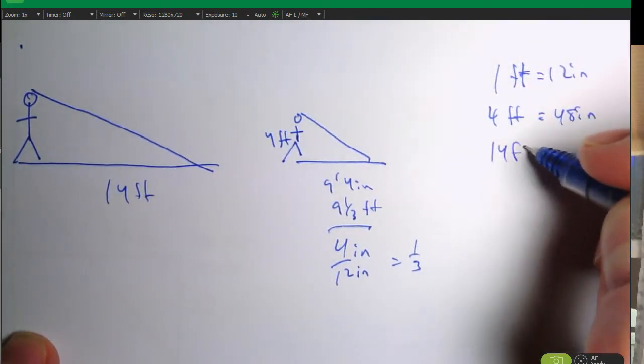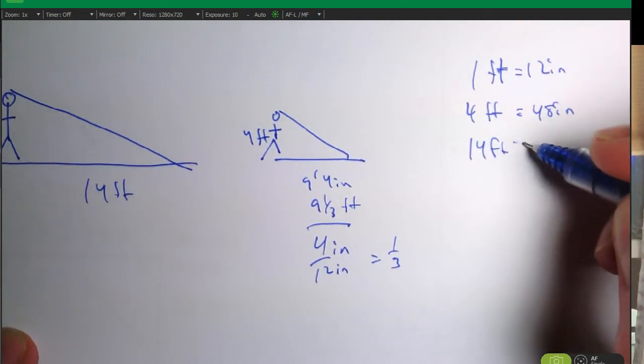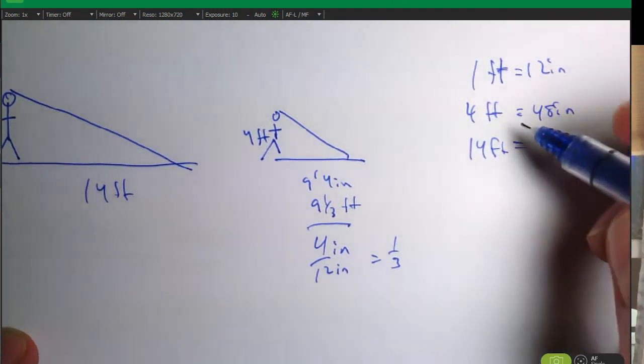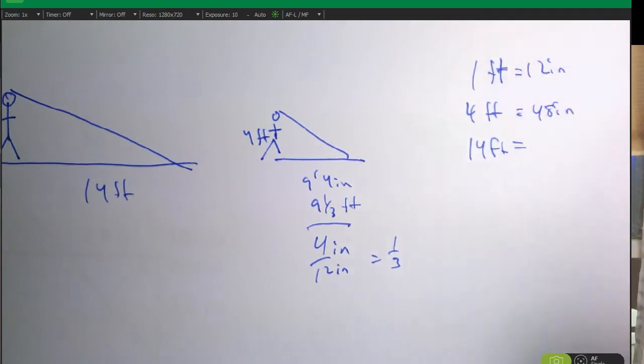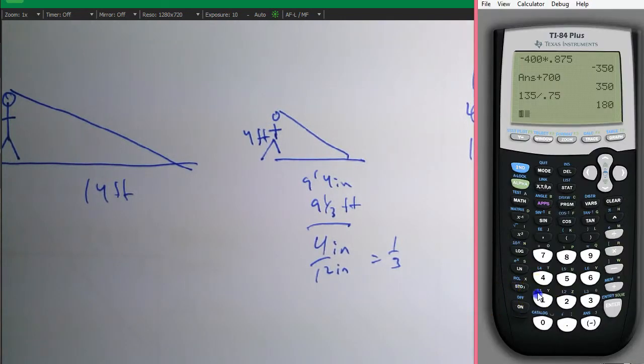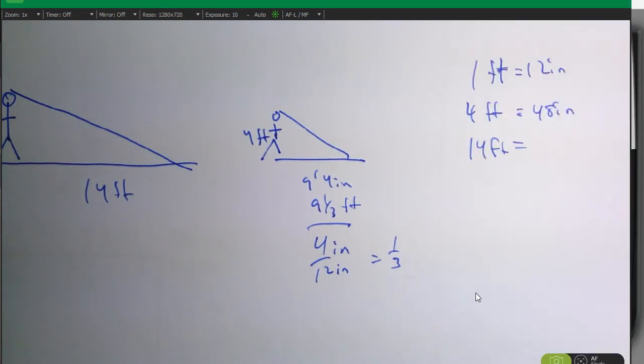And 14 feet, I'll multiply by 12. Let's just use our calculator. I'm doing this late at night, so I don't have the mental math skills at the moment. 14 times 12 is 168 inches.